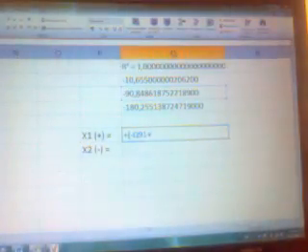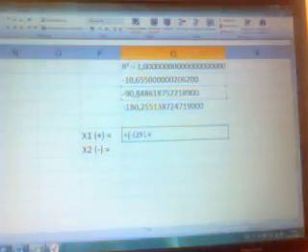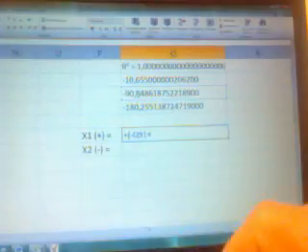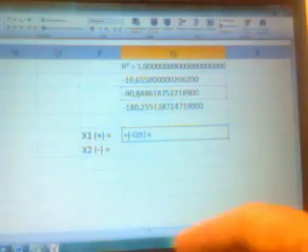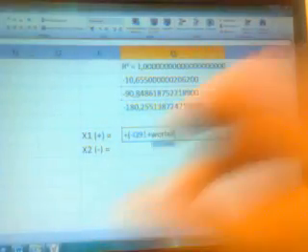Well, in Dutch we call it wortel, and this is a Dutch language computer, so I have to use the Dutch version of it, but you can take the square root. Usually it's SQRT, but in Dutch it's wortel, W-O-R-T-E-L.